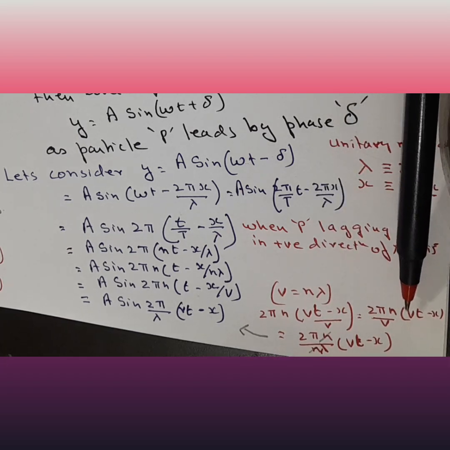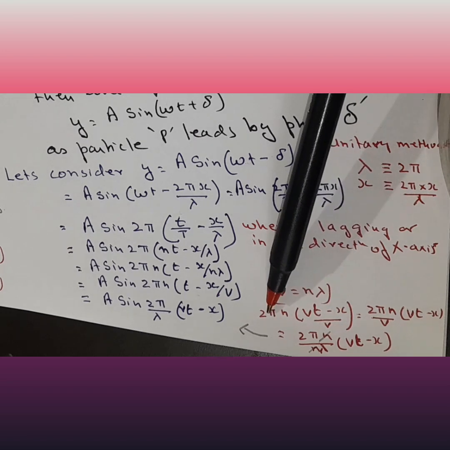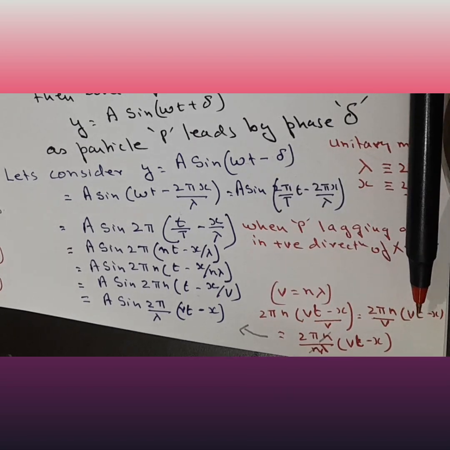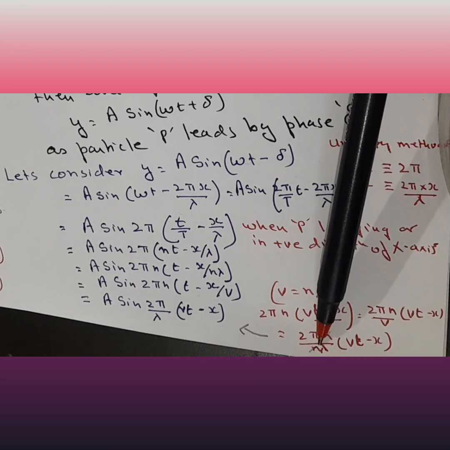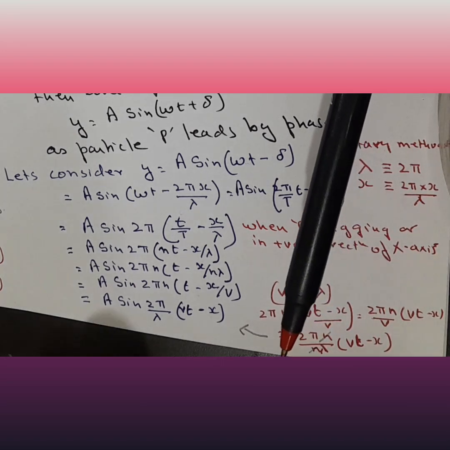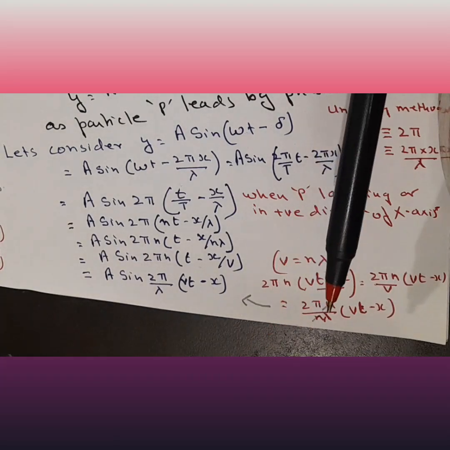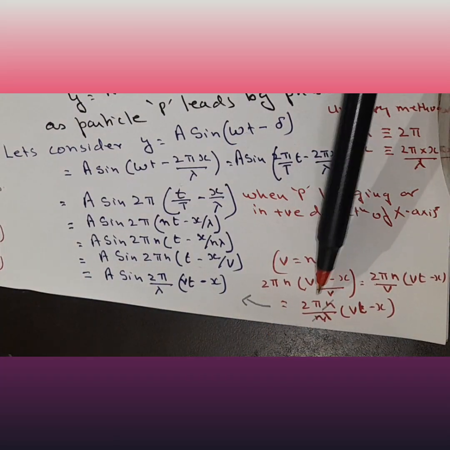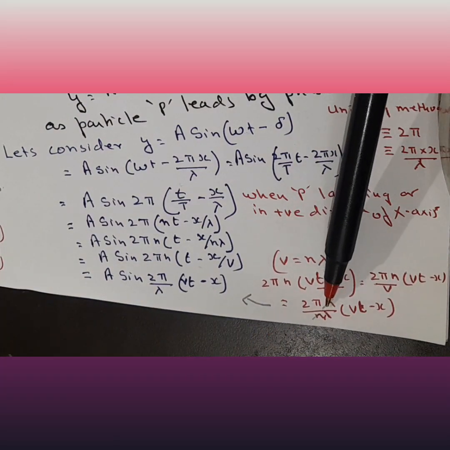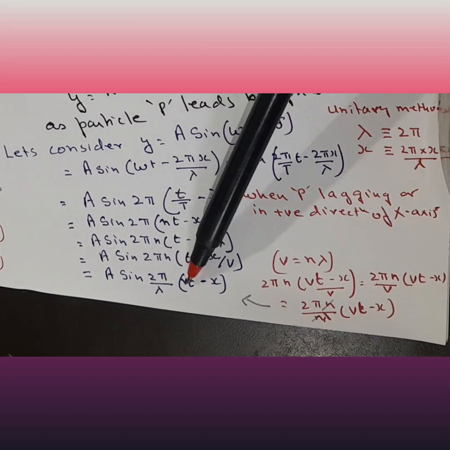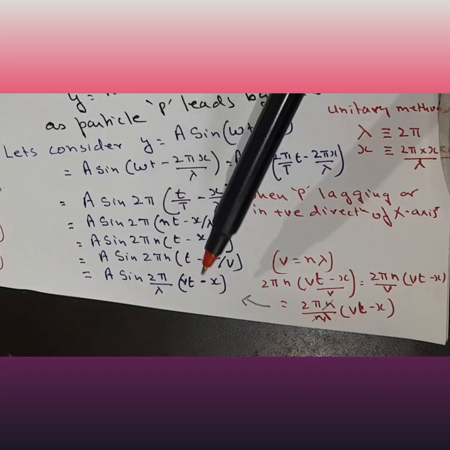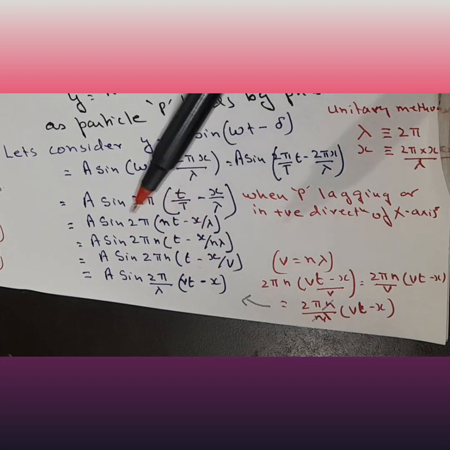Now we also know v = n lambda, so n cancels, and what remains is 2 pi over lambda into (vt minus x). These are all very essential for numerical purposes.